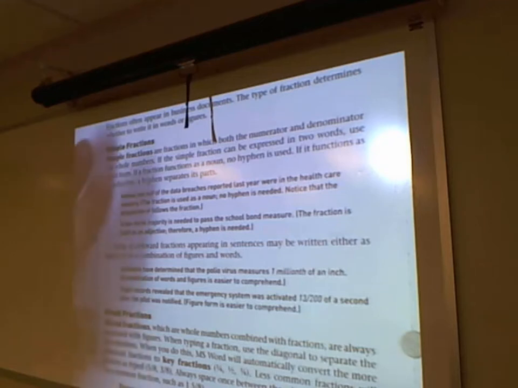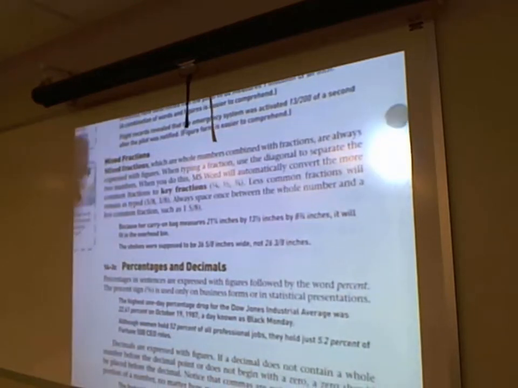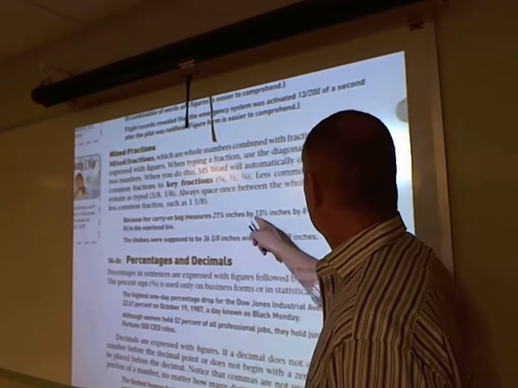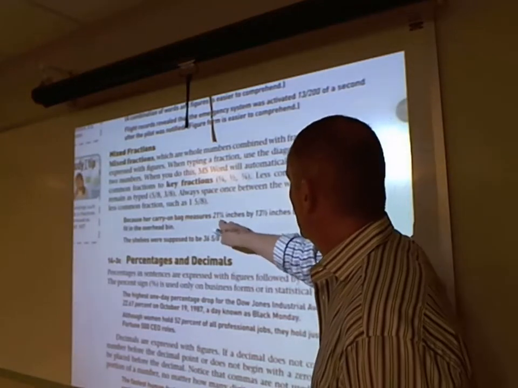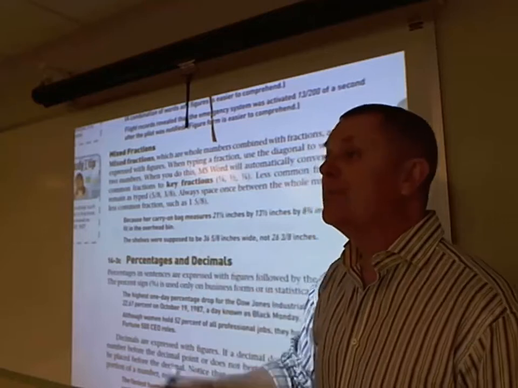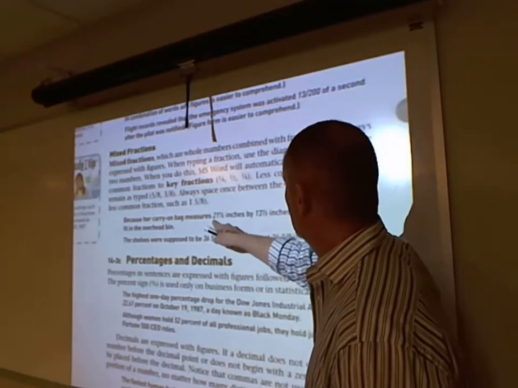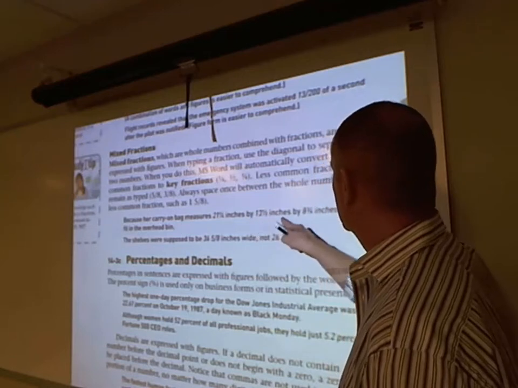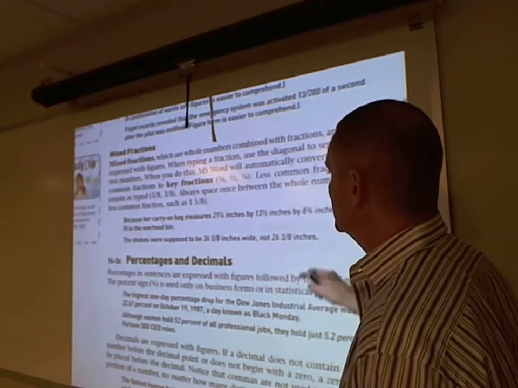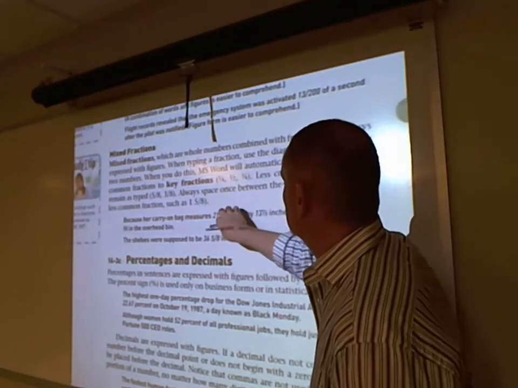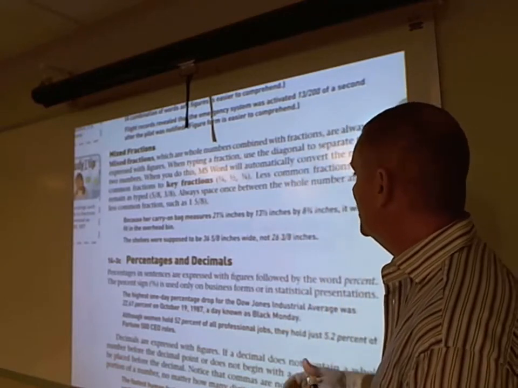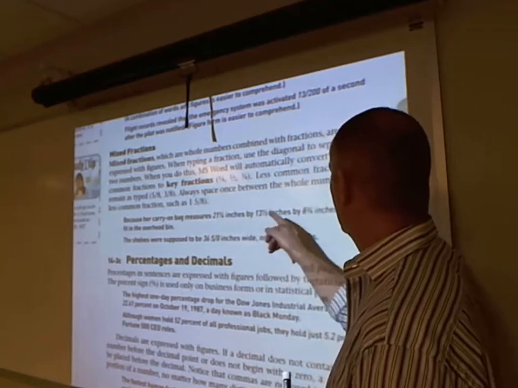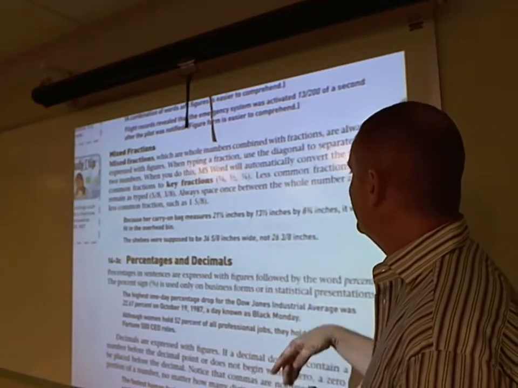It's 21 1/4 inches by 13 1/2 inches by 8 1/4 inches. All of those are consistent and they look good since those are common fractions. But again, if you're using numbers that are not common with 1/4, 3/4, and 5/8 or whatever, just go ahead and separate the whole number from the fractional and then do it like this. Inches wide, not 26 3/8 inches wide.